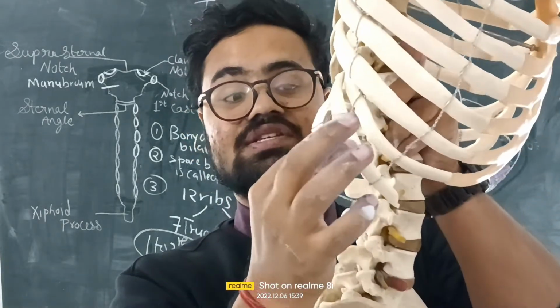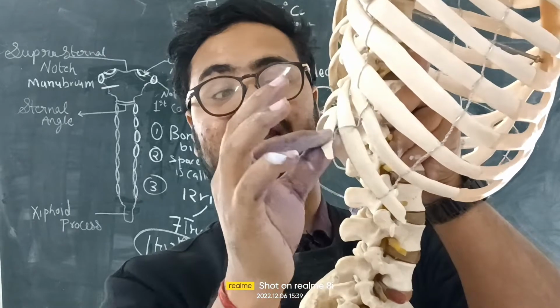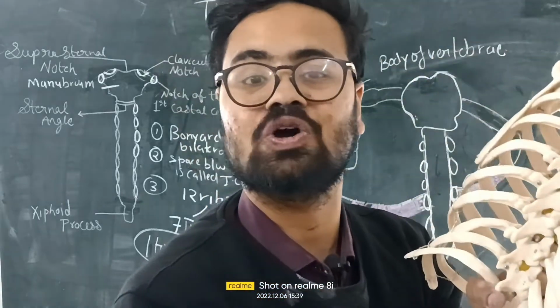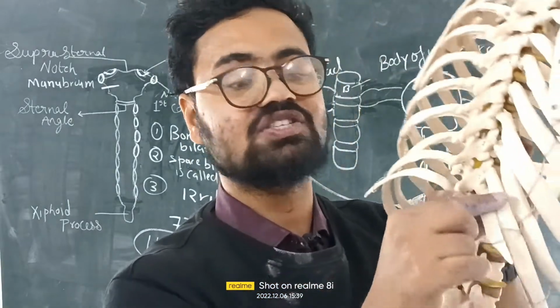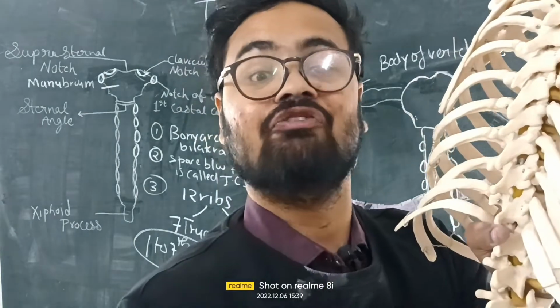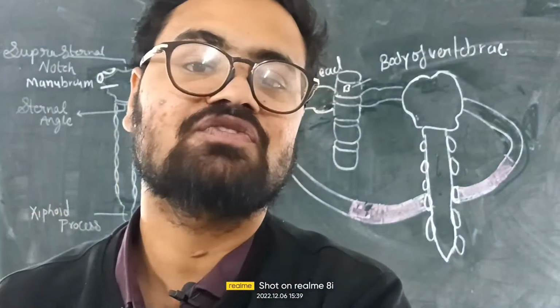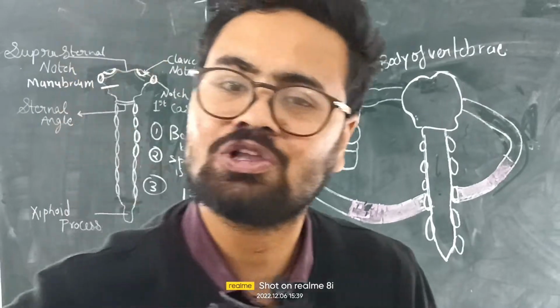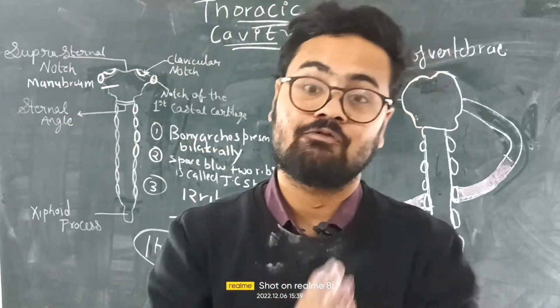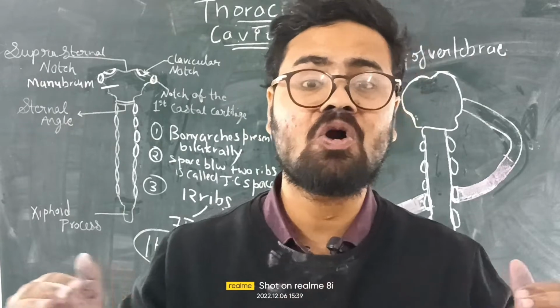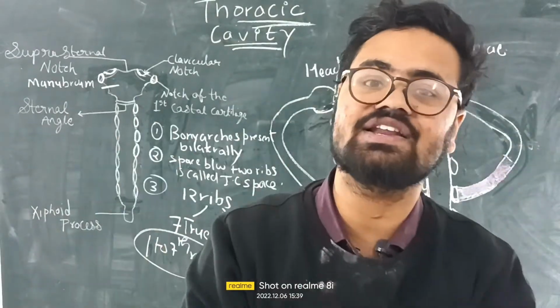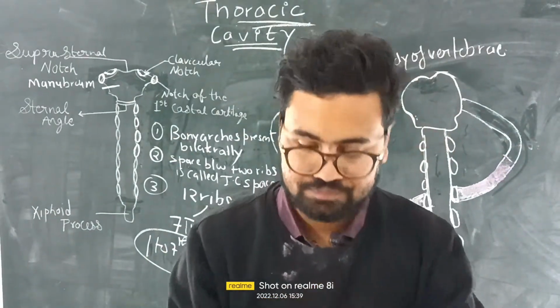Therefore they are also called floating ribs, because they are only connected through the vertebra. They also fall in the category of the false ribs because they are not articulated anteriorly with the sternum.